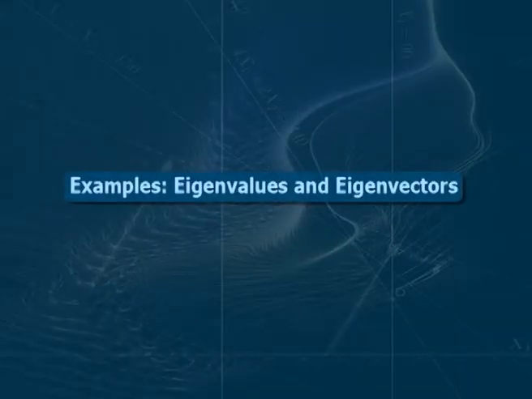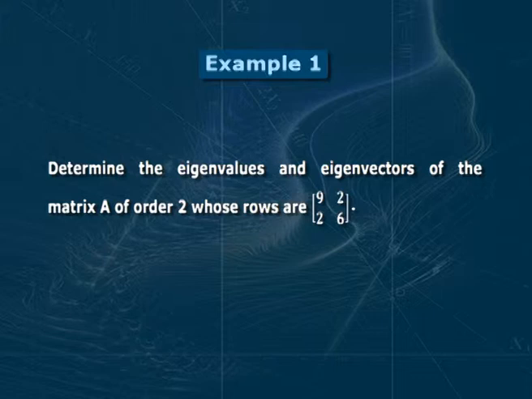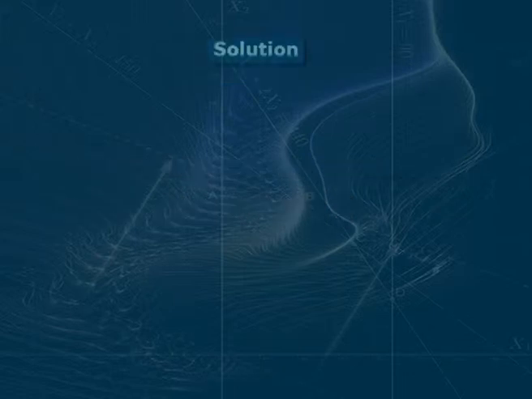Let us now consider some examples about computing the eigenvalues and eigenvectors. Example 1. Determine the eigenvalues and eigenvectors of the matrix A of order 2 whose rows are 9 2 and 2 6. Solution.